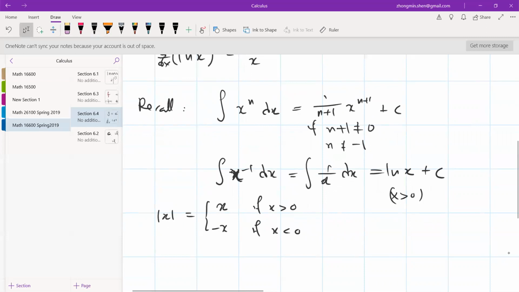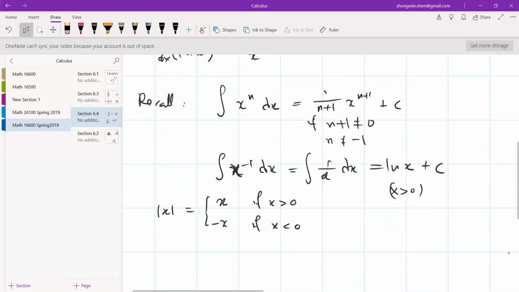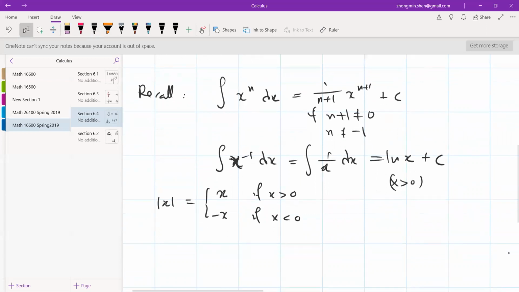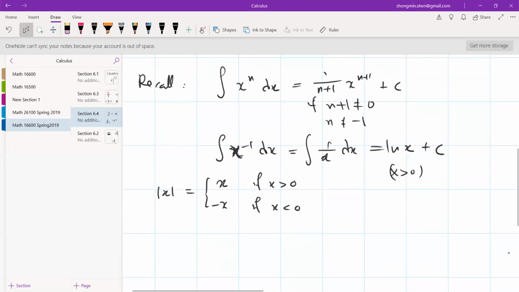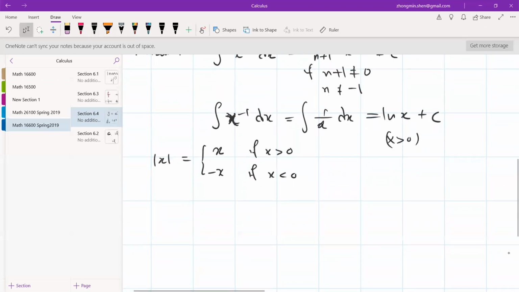In order to drop the invisible negative sign, I just put a negative sign in front of it. That's the only way we can do it in mathematics. Negative, negative becomes positive, so the negative sign will be killed. All right, so let's try to find the derivative of the absolute value of x for x not equal to 0, because when x equals 0, it's not defined.